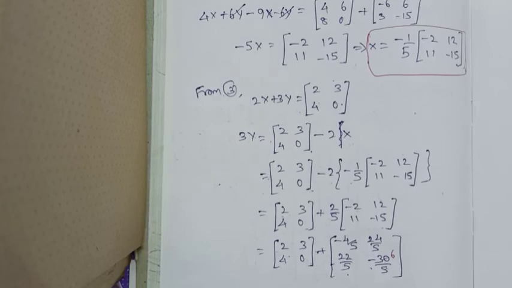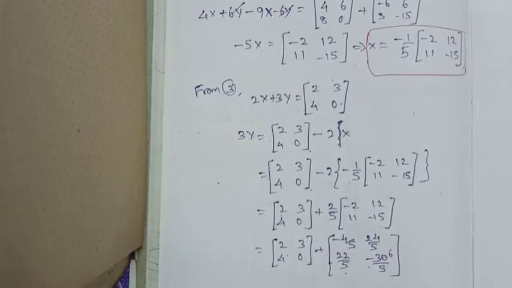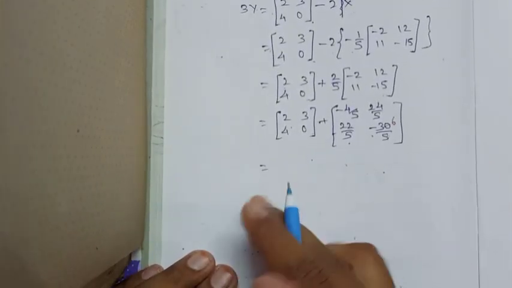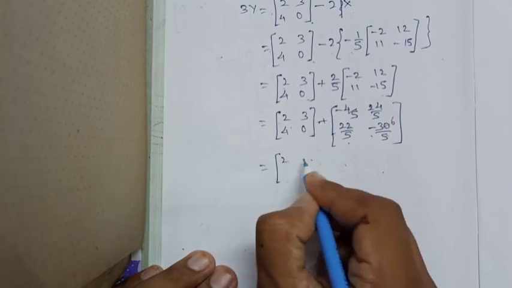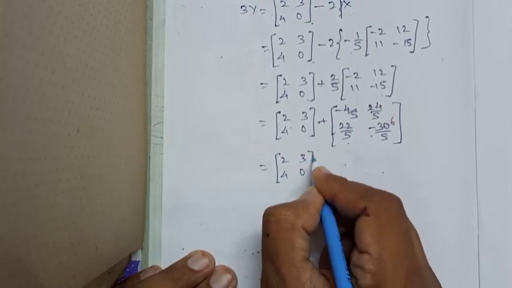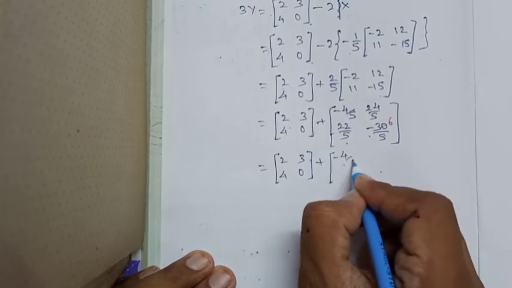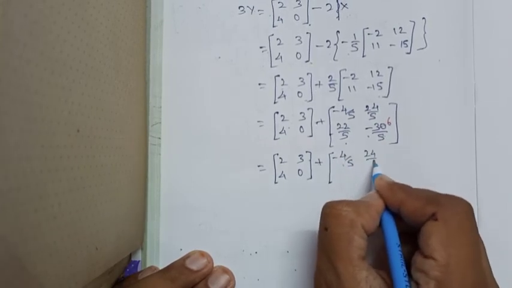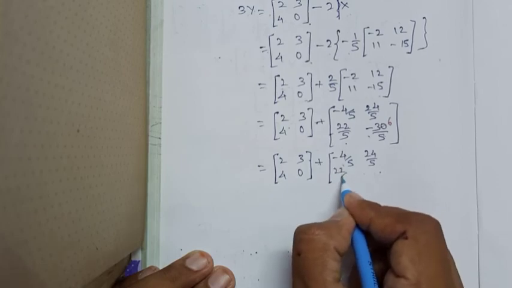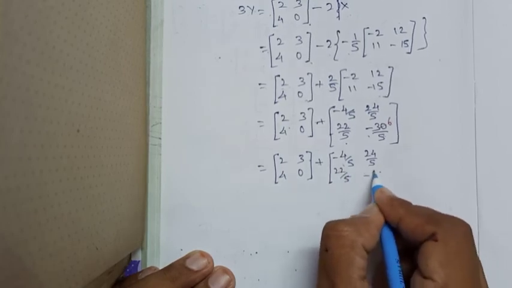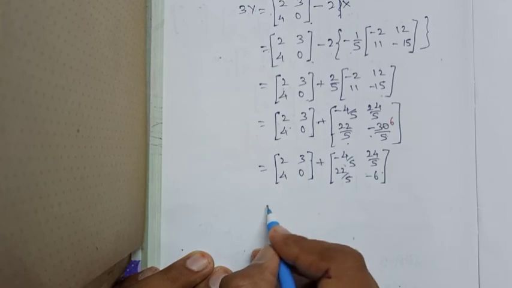Next, 2, 3, 4, 0 plus minus 4 by 5, 24 divided by 5, 22 divided by 5, and minus 6. Now add the values.